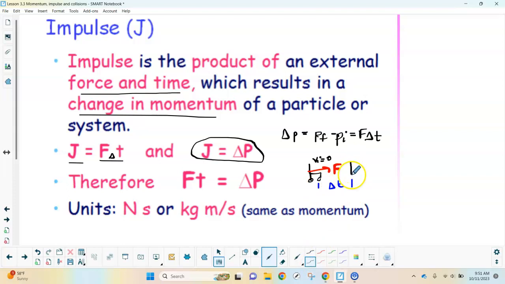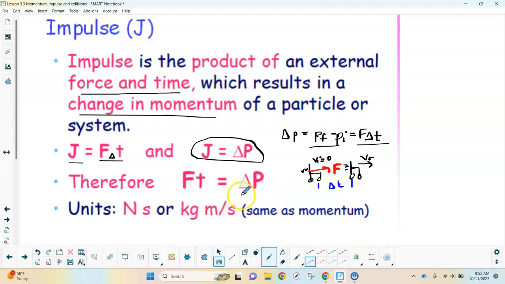And by the end of that time, the chair was moving. So it had some velocity going that way. The chair always had mass. So the idea is that you can measure the change in momentum through a force times a time, or if you know the initial and the final values, you could figure out the change in momentum directly through subtraction. So both these equations will work.